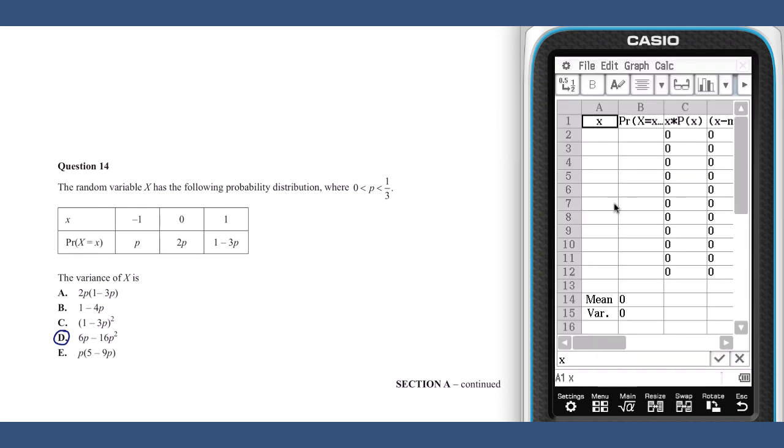In this spreadsheet that I built and used throughout the year, I need to enter the values of x and the probability of x. The probabilities need to be entered as numerical values, or if they're algebraic, need to be entered with an equals sign.